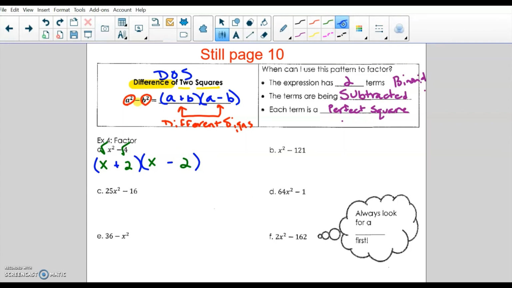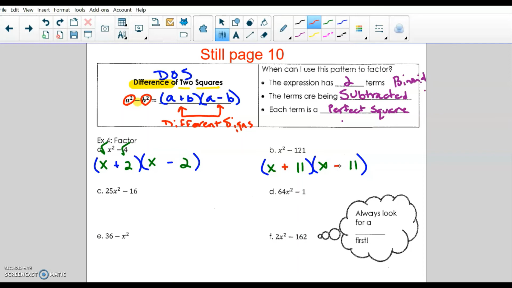Let's move on to B. Square root of x squared is x. Square root of 121 is 11. We need different signs. And that's it.